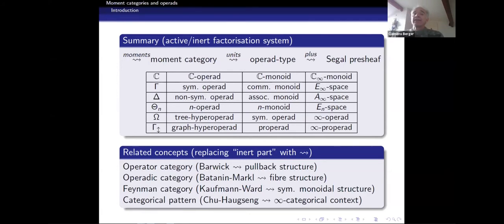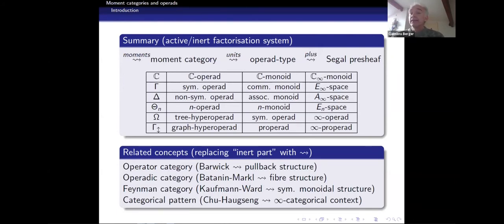And finally, there is a notion of categorical pattern, where this time it is very, very close to a moment category. The only difference is that it works in an infinity categorical context, while I'm working just in an ordinary categorical context. But you also have an active part and an inert part, and there are other similarities.